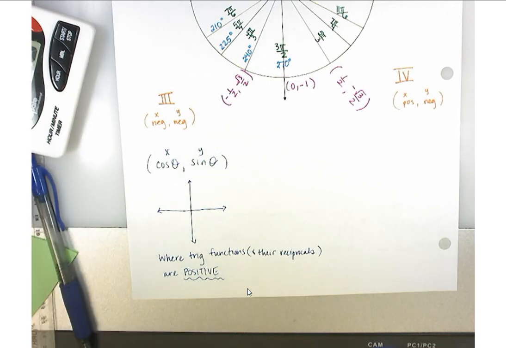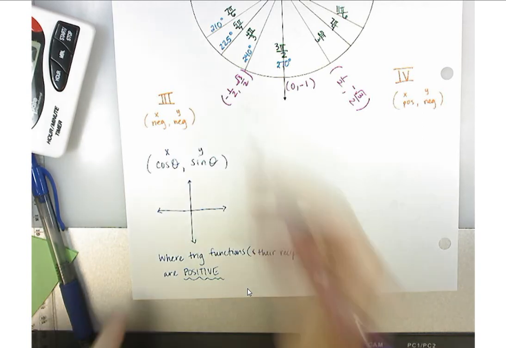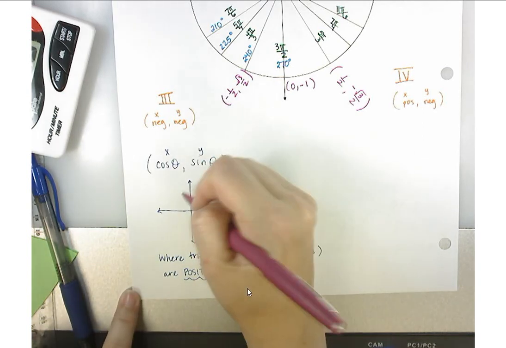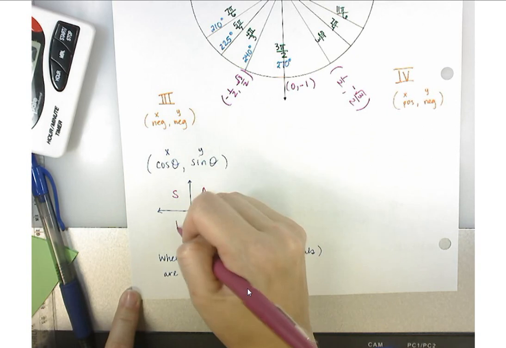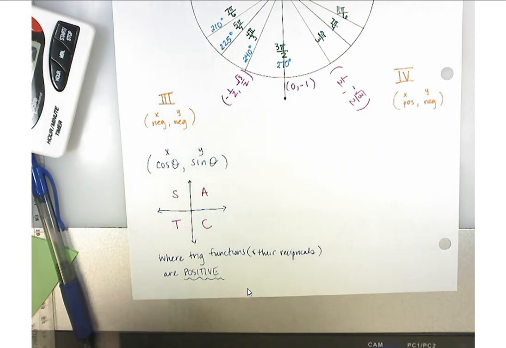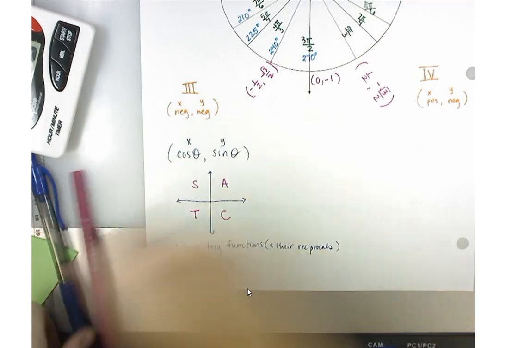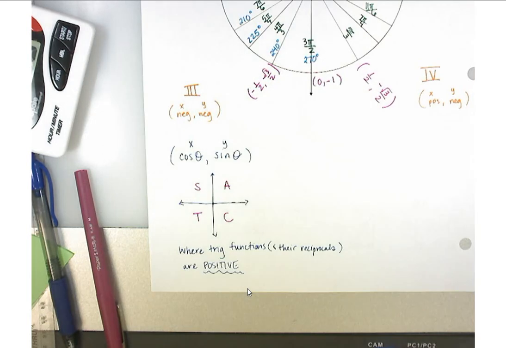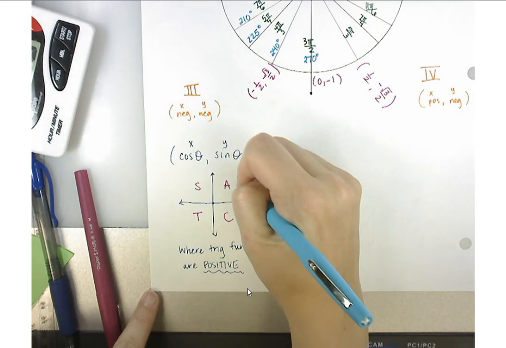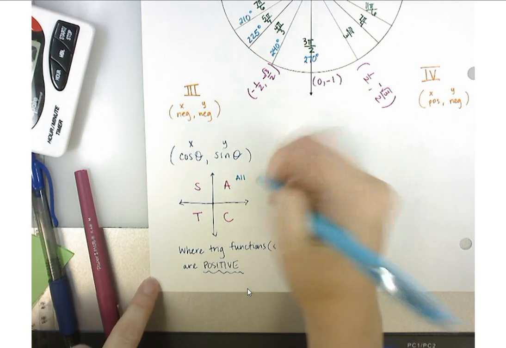Do you guys remember the little acronym? All students take classes, or all students take calculus? Maybe that's new. The all means that all the trig functions are positive in quadrant 1.